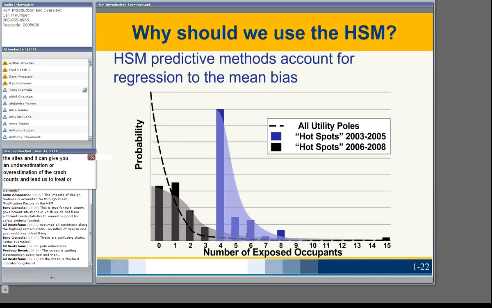Modification factors to either actual, if you're evaluating an existing project, difference between our base condition assumption.